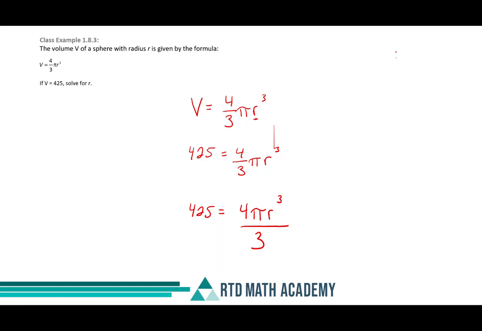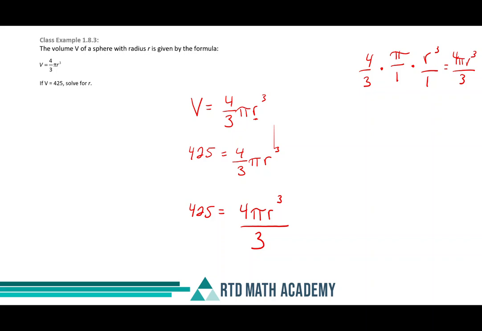Because technically, if I had pi, I could put it over 1, and if I had r cubed, I could put it over 1, and then I have 4/3, right? And you can see that I can separate them all out. That means I can combine the 4, the pi, and the r cubed on the numerator, and the 3 times 1 times 1, which is just 3, on the denominator. So it might make it a little bit easier for us to solve.